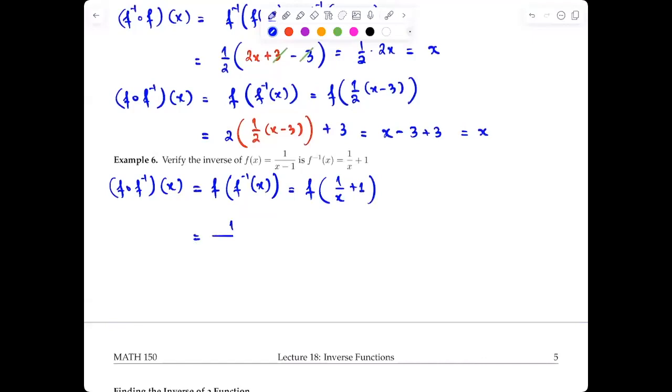So you replace x by 1 over x plus 1. So 1 minus 1 becomes 0, and you're left with 1 divided by 1 over x. When you divide fractions, you multiply by the reciprocal. You get 1 times x over 1, or this is x.